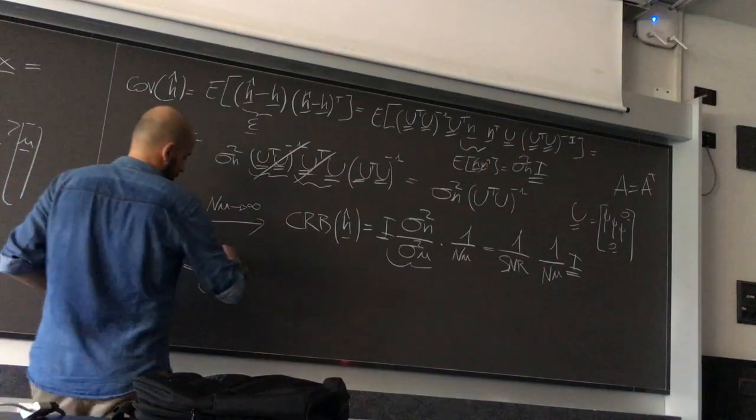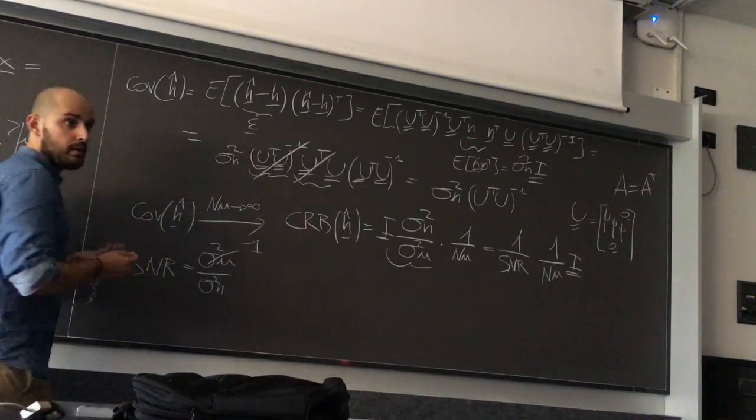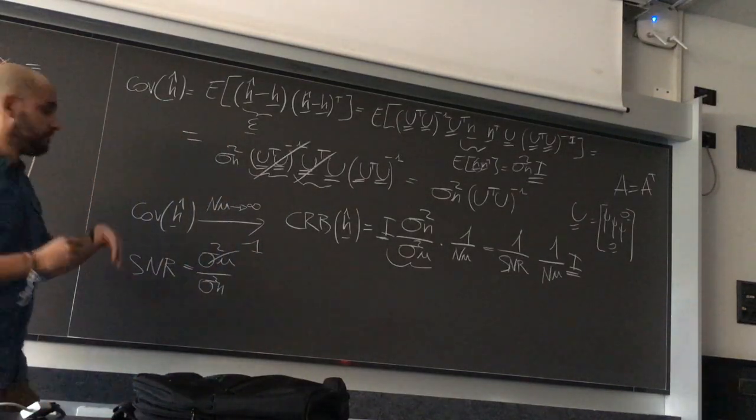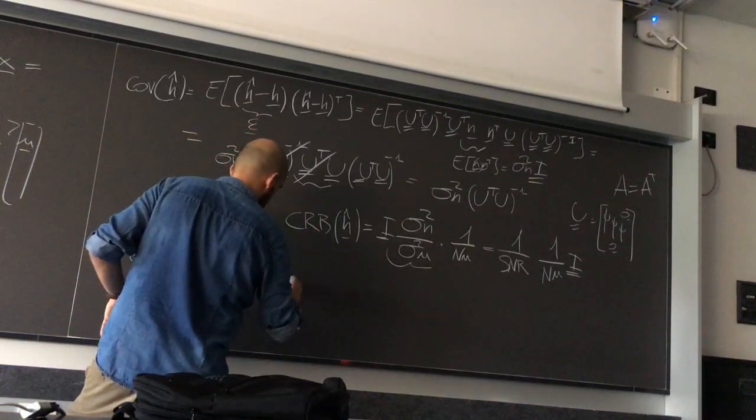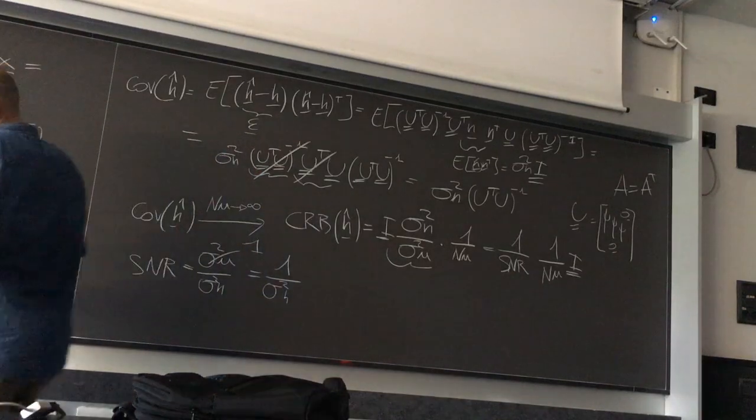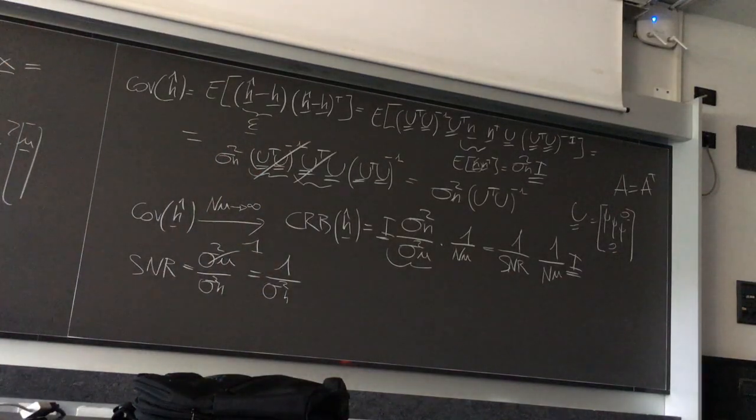You assume that the signal you're transmitting is 1, and then you scale the noise accordingly. So the SNR is 1 over the power of noise. You will surely look at the literature in more depth, but this is just a flavor of how it works and what it means.